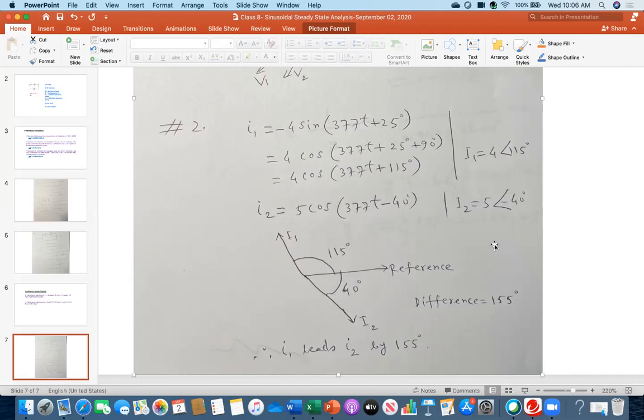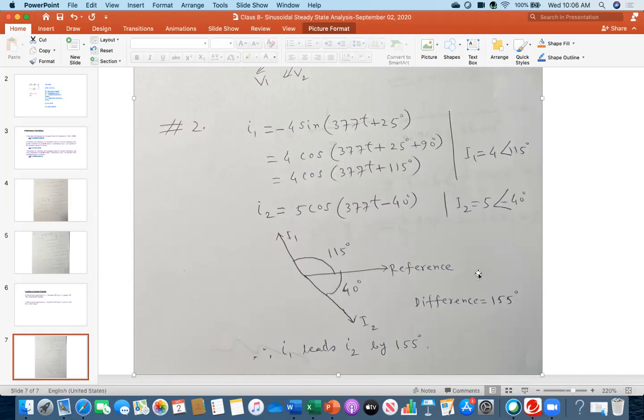Is this fine? Everybody is fine? Great. Throughout your life from now on, as an electrical engineer, leading and lagging will not leave you. Always it will be in your life.